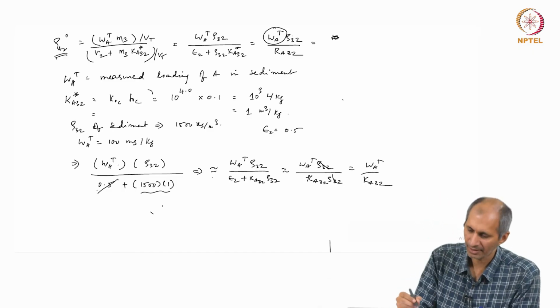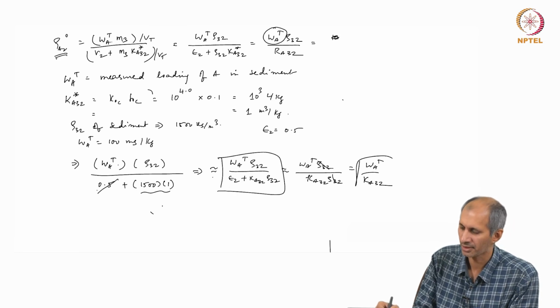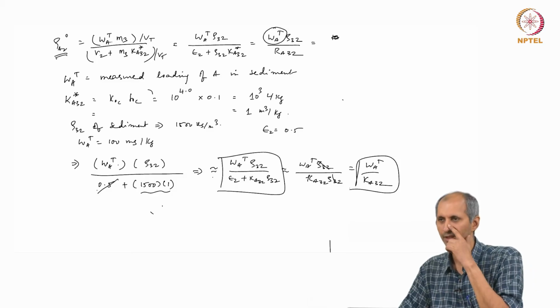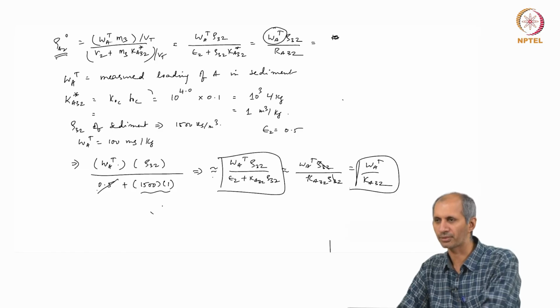But the accurate representation is this, but you can approximate it to this for certain systems where the product of the bulk density and Ka32 is very huge. It won't make a big difference if you remove that.